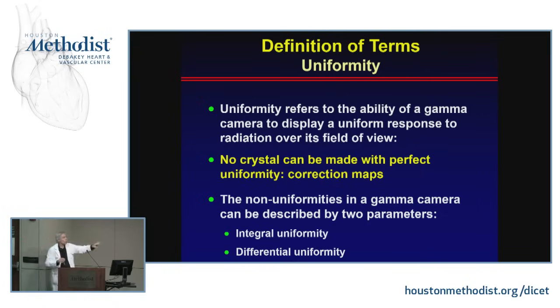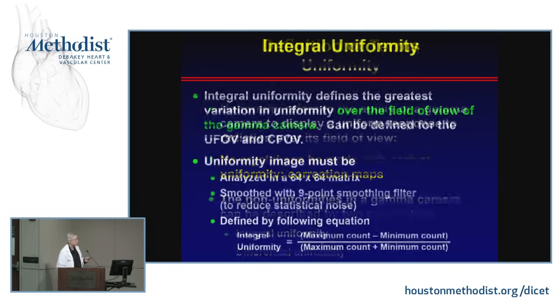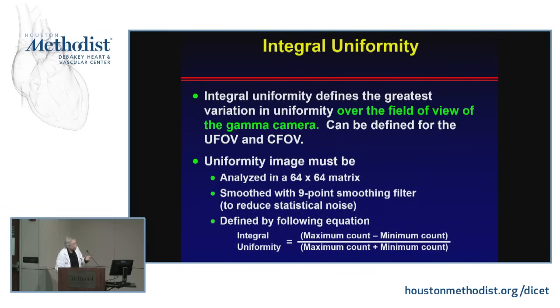And we need to know where those non-uniformities occur in order to get an even image, right? Otherwise, there would be a lot of variation in the image, okay? So we're able to actually look at uniformity and correct for areas of non-uniformity with the crystal.